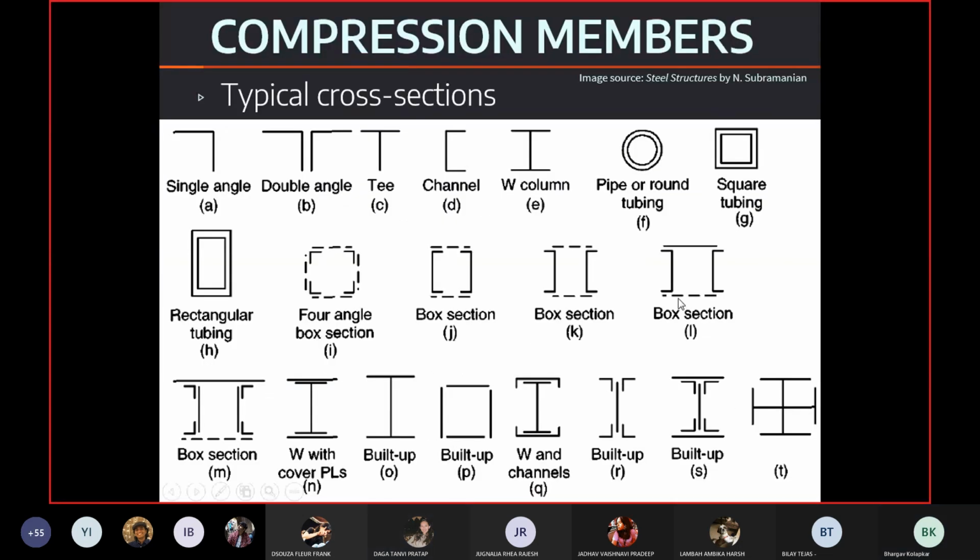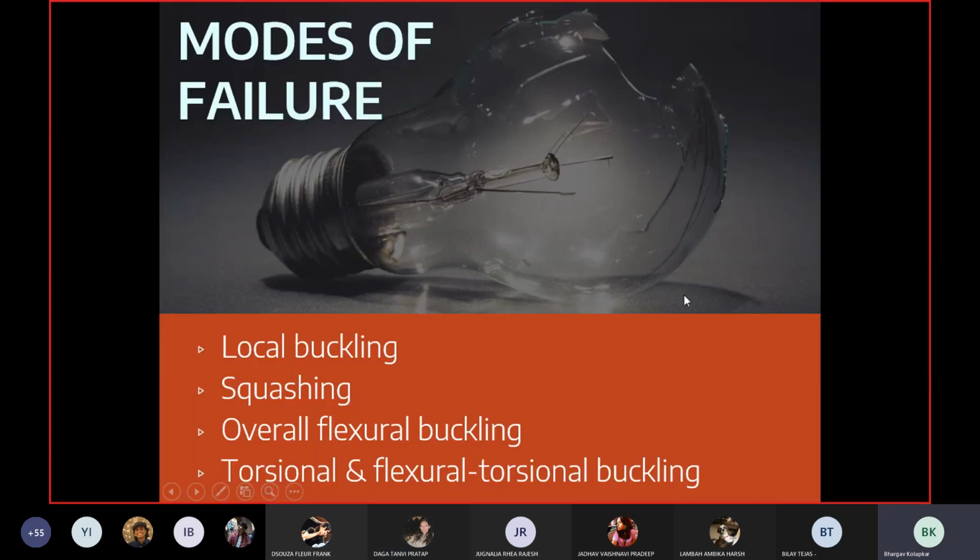Okay, now going back to my original question, modes of failure in tension members. By now you might be able to solve anything from tension members even in sleep. We've discussed so much about it.